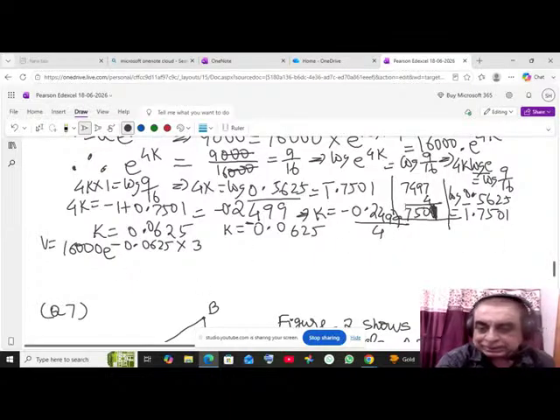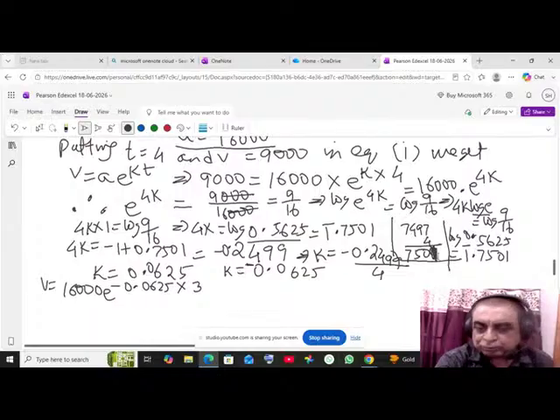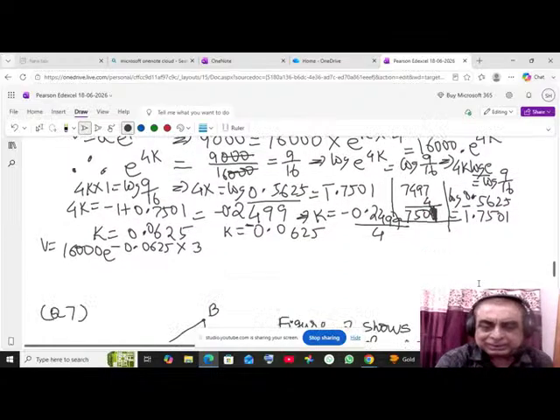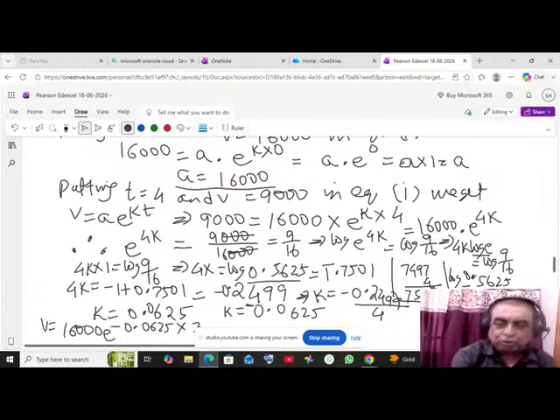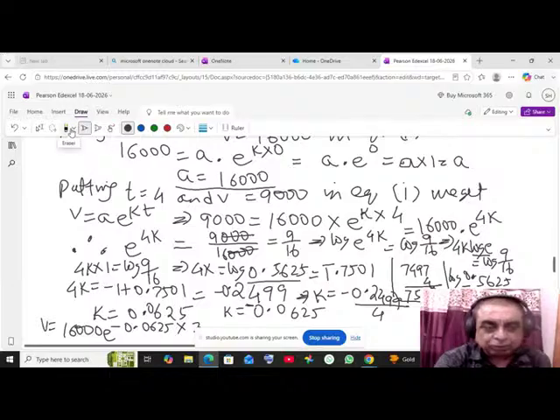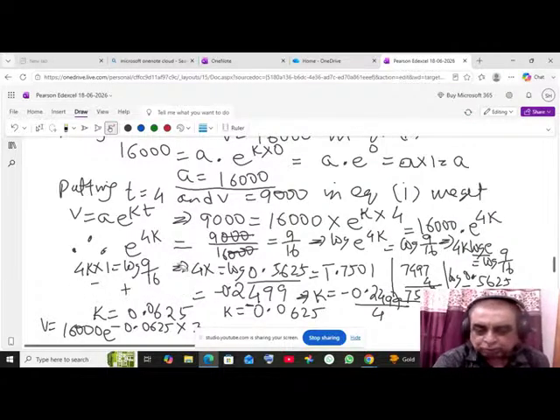Or you may write it in this form: we are just writing the k value in the form of log. Let us rub this all.